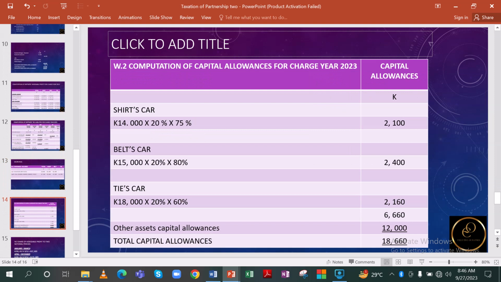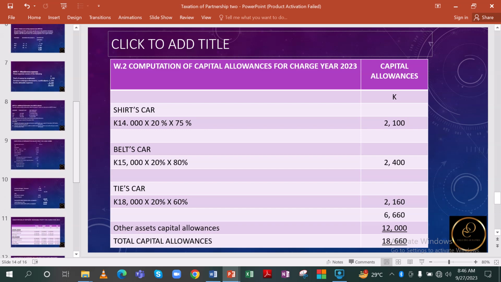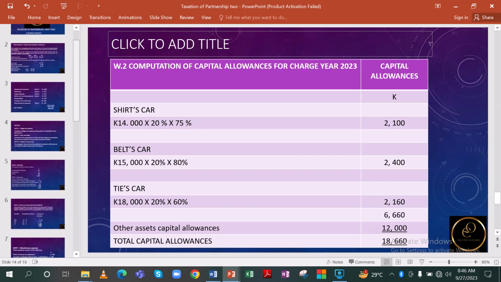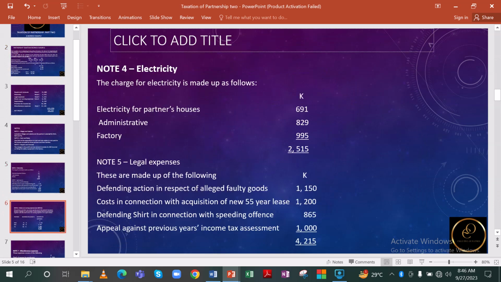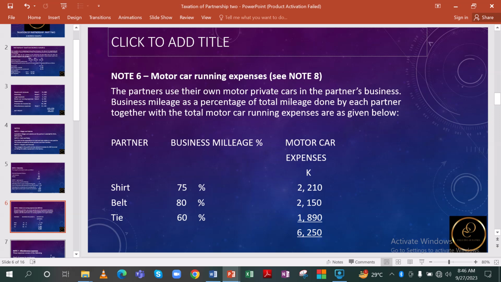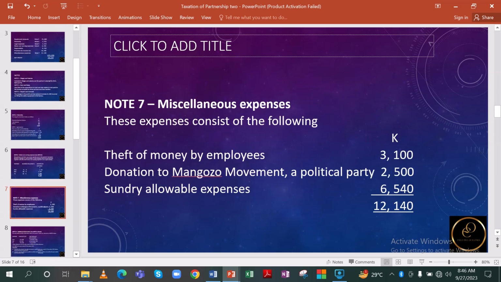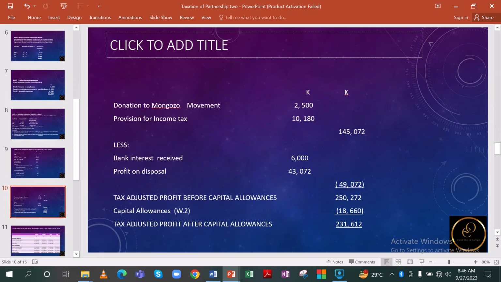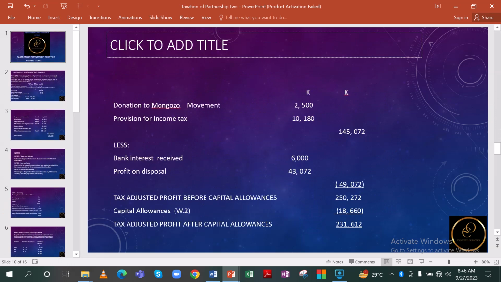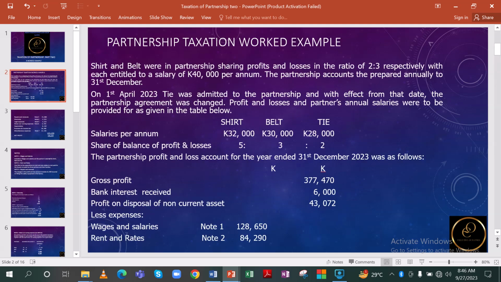Okay. So now we have Shed, Belt, and Tie's cars. For these cars, they were bought in 2022. Look at that particular note, which gives us that information. Let's look at when they acquired these cars.